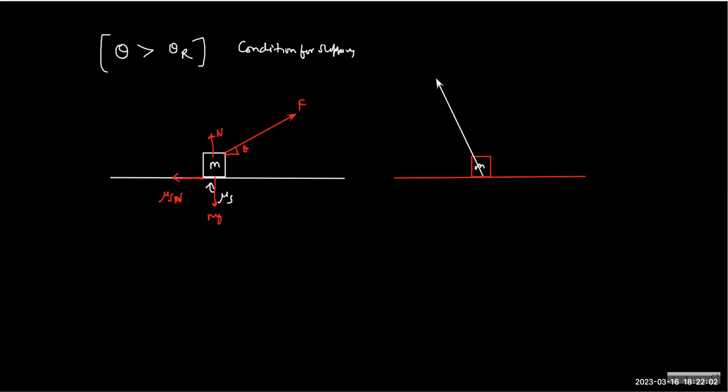I mean, no need to worry about direction. It is going to be fixed, right? So let's call this angle phi or alpha. We know tan alpha is mu s, right? And because I'm writing this force, which forces should I not write? The normal and friction are not required. So what are the other forces acting? Mg.